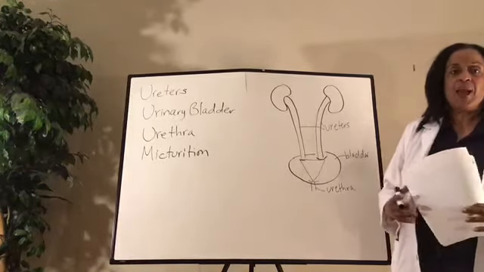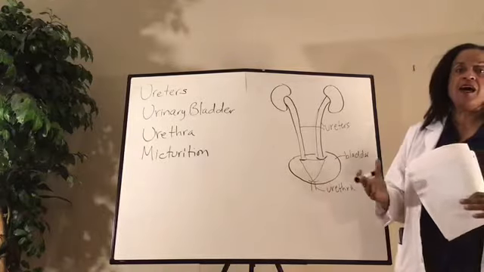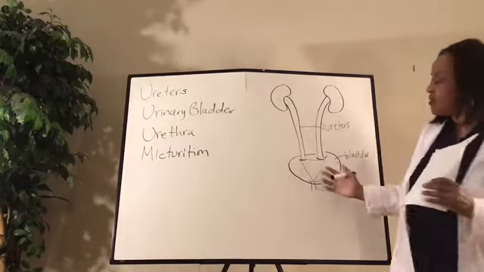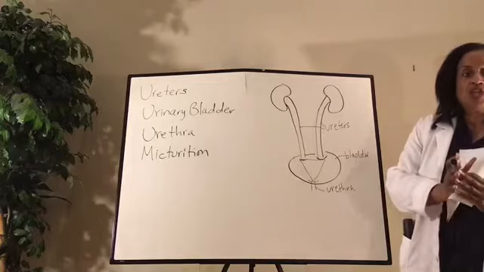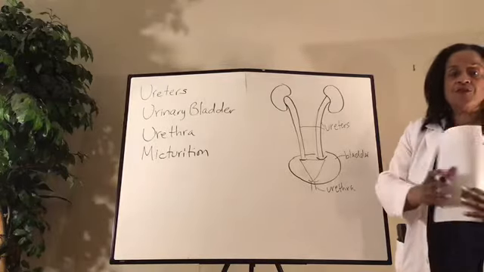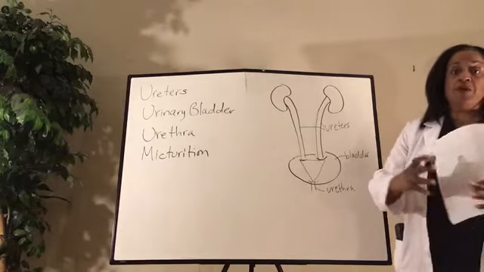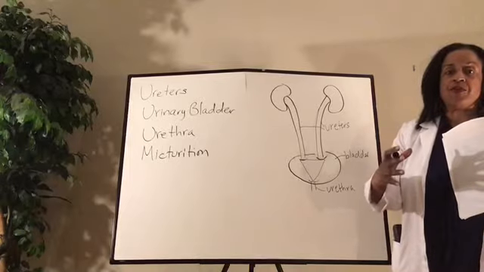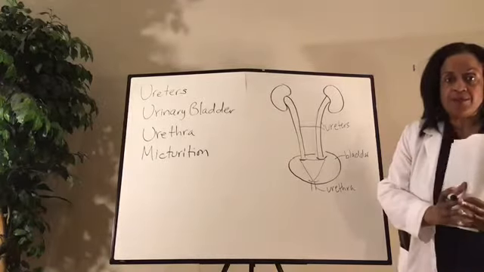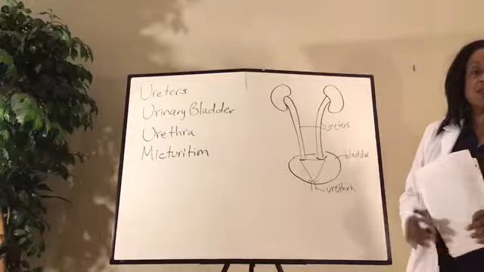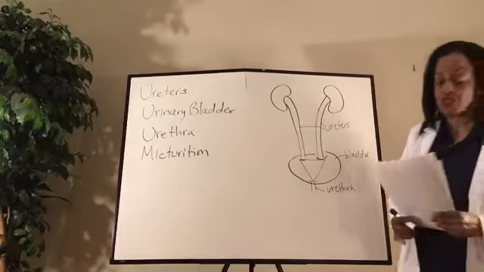Distended is the word. But then after you urinate, the pouch, the urinary bladder, will collapse. So it transitions from being full and distended to, after urinating, it collapses. So that transition is a special kind of epithelium known as transitional epithelium.